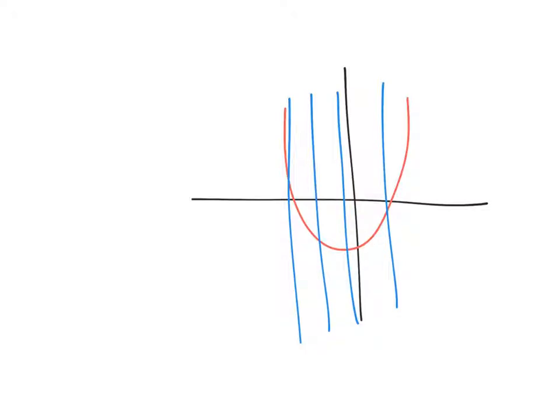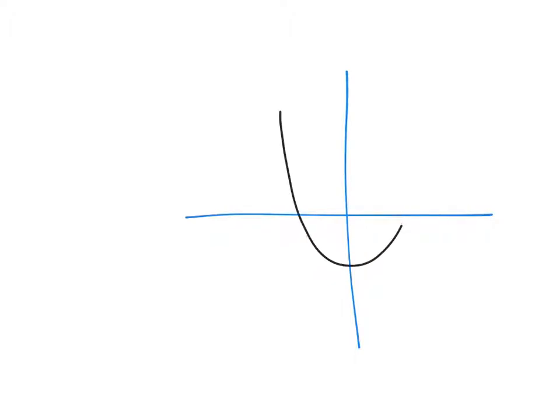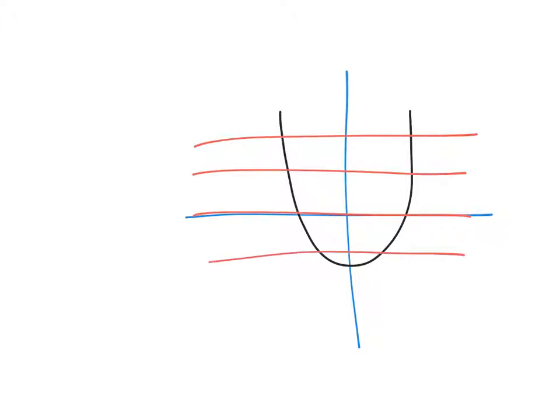Well, there's another test out there called the horizontal line test that's done the exact same way, only this time, let's say we have a graph and we do the horizontal line test. The horizontal line test says that a function is one-to-one if no horizontal line intersects the graph at more than 1 point. So see here, it intersects it at 2 points. Therefore, this function is not one-to-one.